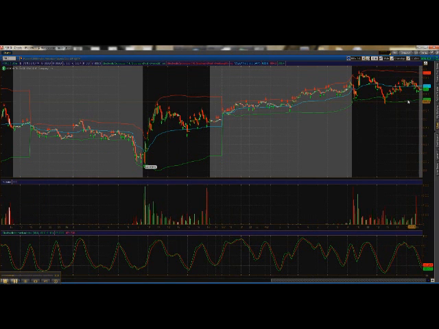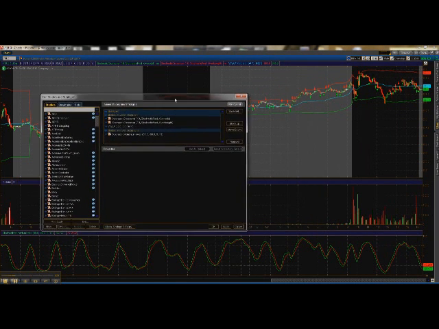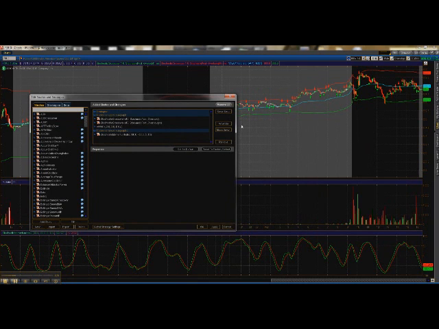There's a lot on here. The arrows, the blue and the red and the green, it probably just looks like a big jumbled mess. But for the most part, the arrows are the stochastic crossover. It measures potential spots for entry, buy and sell.